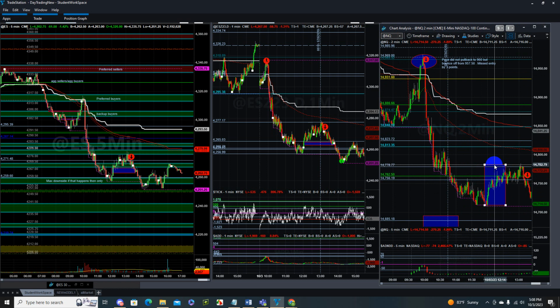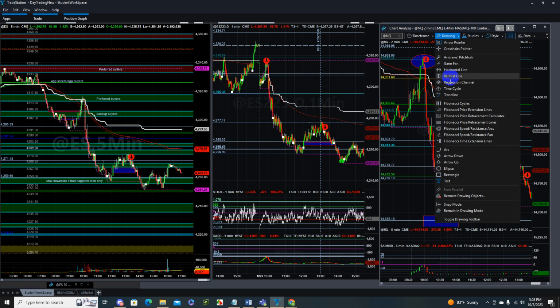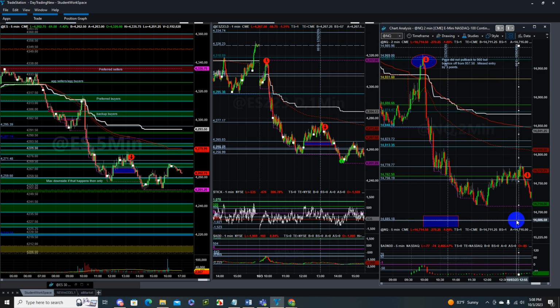So condition 1 is satisfied here, right? A sizable pullback at 1 o'clock. I said I will come back at 1 o'clock to trade. This is 1 o'clock. When I came at 12:50, this was already a sizable pullback. Price was chopping around, which is a good sign. ES was chopping around, which is a good sign, right?